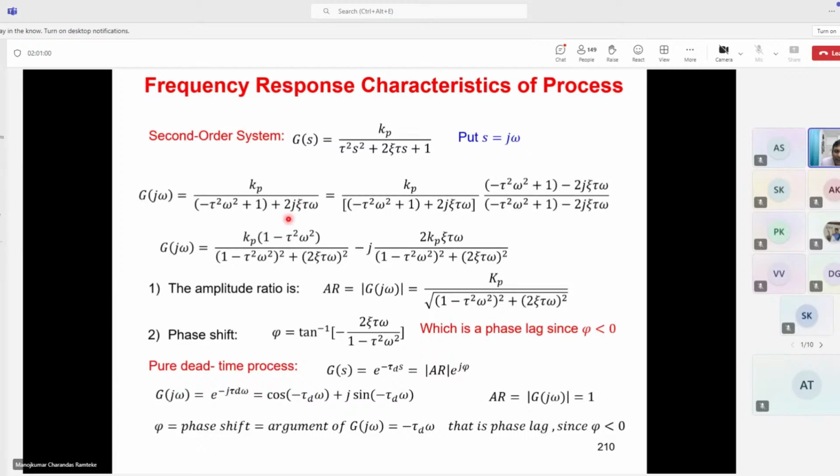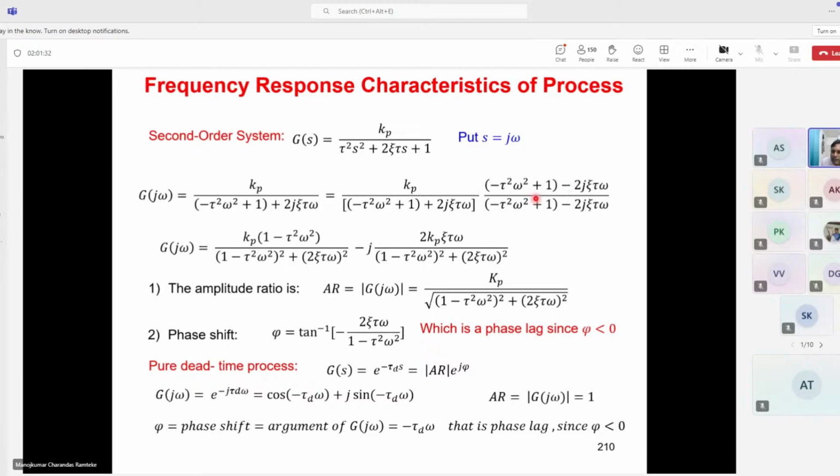Now you can see that here the iota is there in the denominator. Whenever iota is in the denominator, we have to multiply and divide the terms so that we can eliminate the iota in the denominator. That's why we are multiplying and dividing by 1 minus tau square omega square minus 2 j zeta tau omega. If you do that, in the denominator we are going to get 1 minus tau square omega square whole square plus 2 zeta tau omega whole square, isn't it? And in the numerator, this Kp is multiplied to this entire term.